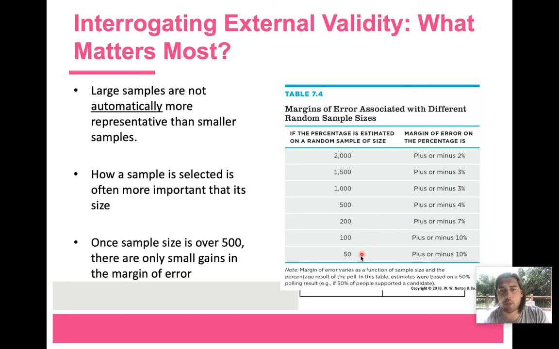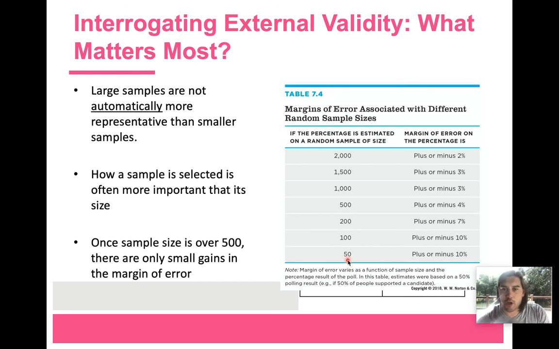When a political poll only has 50 people, it'll have a margin of error around 10%. That's enormous, right? Because that's the difference between 50% of people supporting your candidate and 40% of people supporting your candidate. It's a massive shift, right? That's the difference between a really close election and a blowout election.